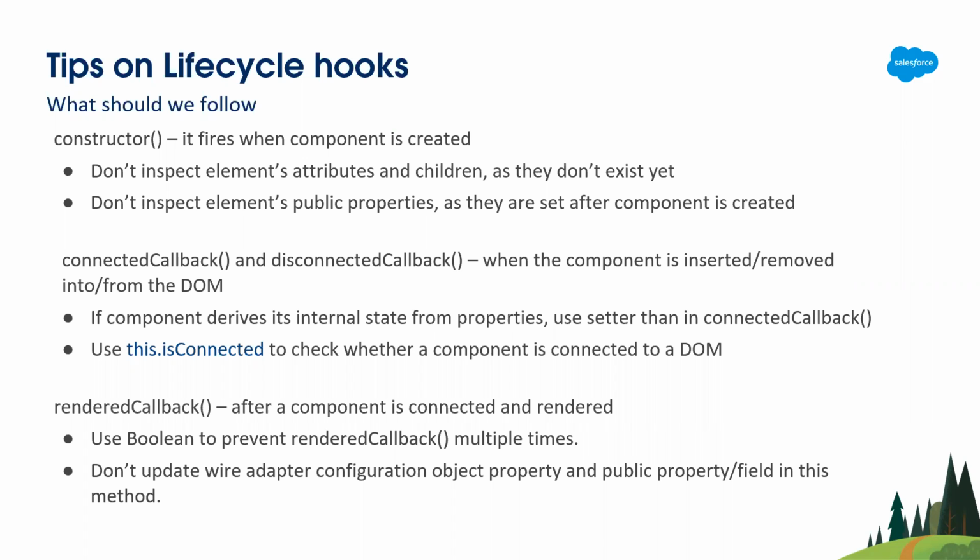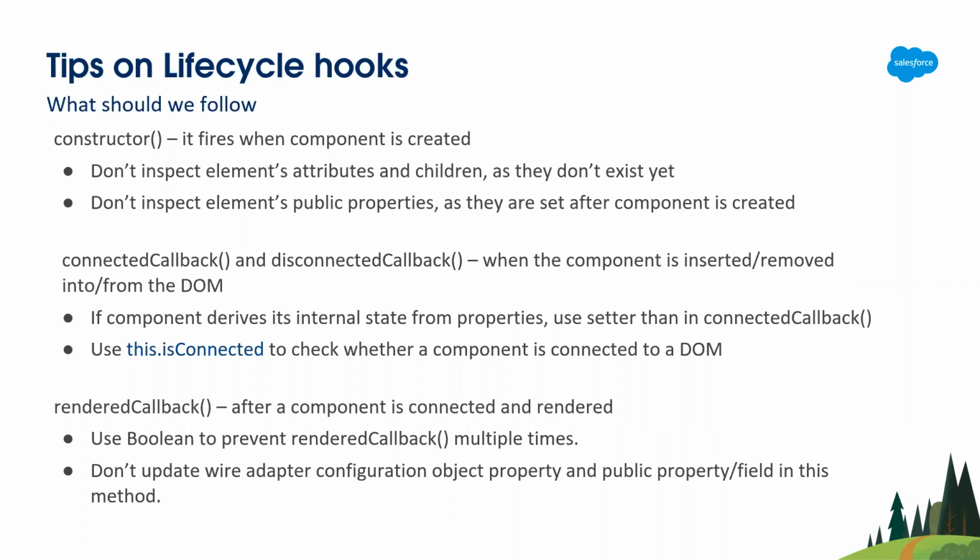So you might face the difficulty that the renderedCallback gets called multiple times. To prevent that, use a Boolean attribute. And one of the most important aspects: if you are using any kind of wire adapter object property, do not do this, because it might fire the renderedCallback again and again.